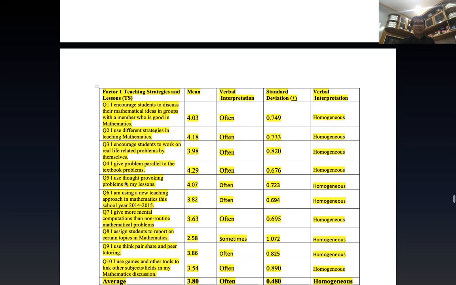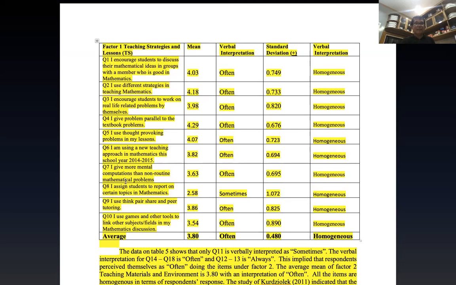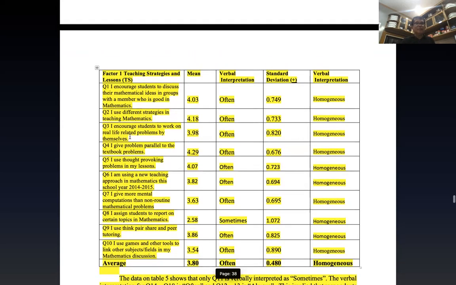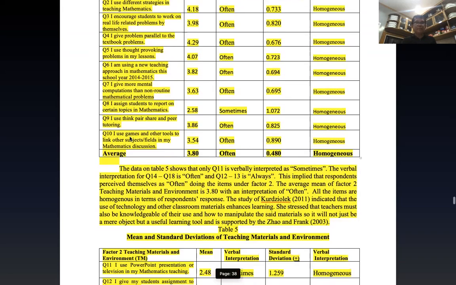So forth and so on up to Q10: I use games and other tools to link other subject fields in my mathematics discussion. All of these 10 items belong to factor 1, which is labeled teaching strategies and lessons. Take note that factor 1 is a predetermined factor by the researcher.